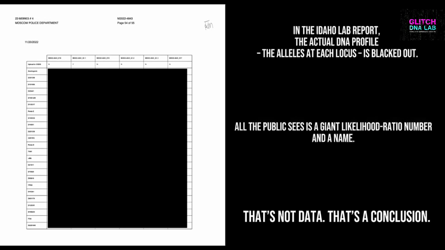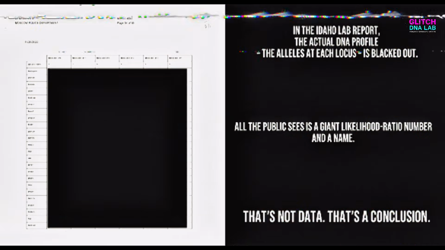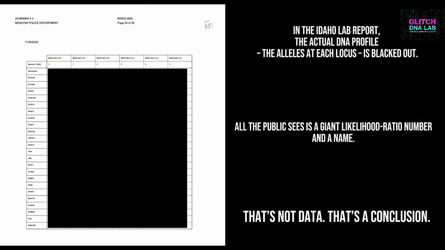That's a mind-bending number. But here's the problem. The path from the sheath to that statistic is hidden behind redactions, missing data, and shifting labels. Let's walk through what's actually in the paperwork.